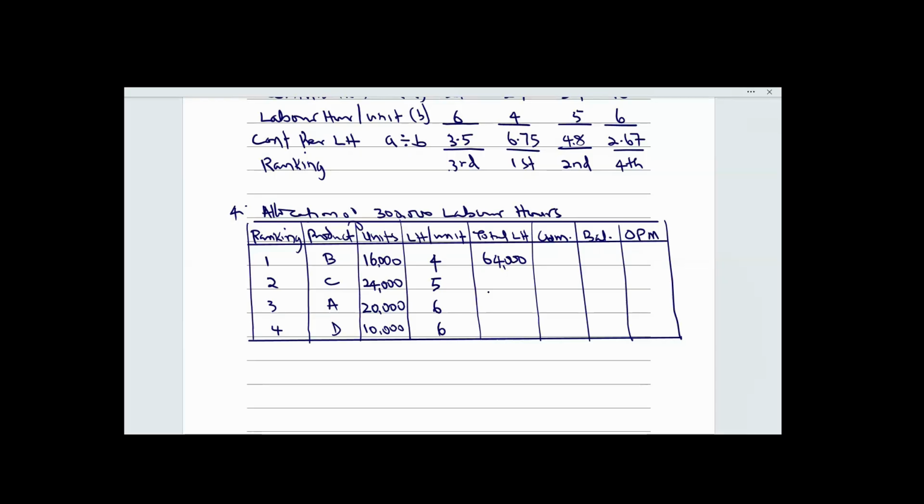So cumulative, 64,000 is the first one. Balance, 300,000 minus 64,000 gives us 236,000. So the balance of the labor hours after allocation to B is 236,000.